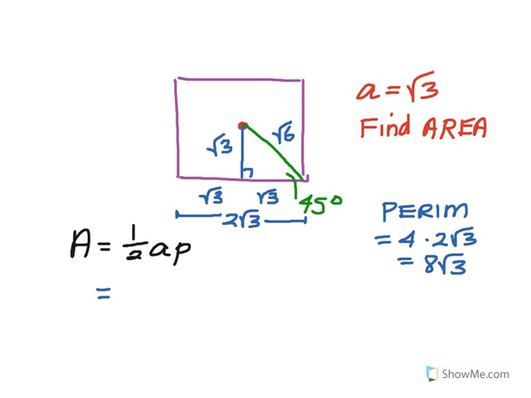Okay, so the area is 1/2 the apothem of square root of 3 times the perimeter of this figure, which is 8 root 3. So I get 1/2 times 8 times root 3 times root 3. So 4 times root 3 times root 3 is 4 times 3. So I get an area of 12 square units.